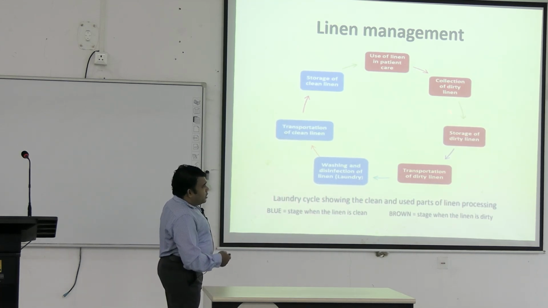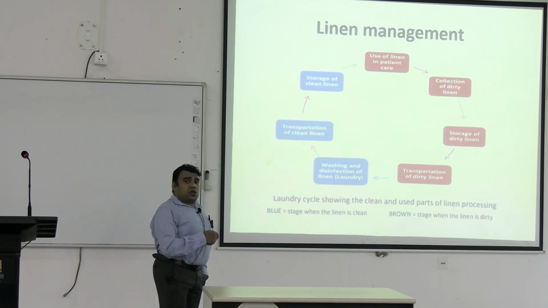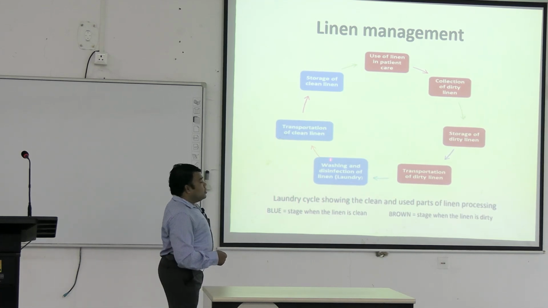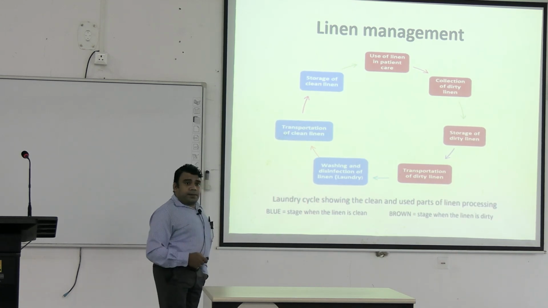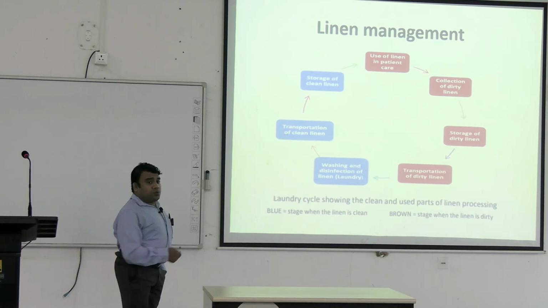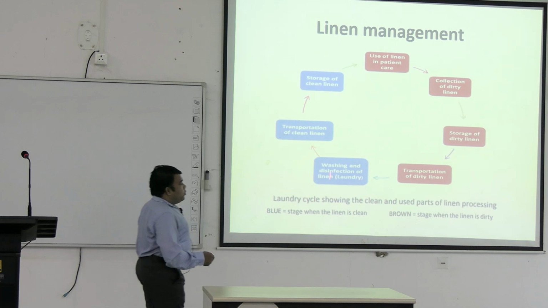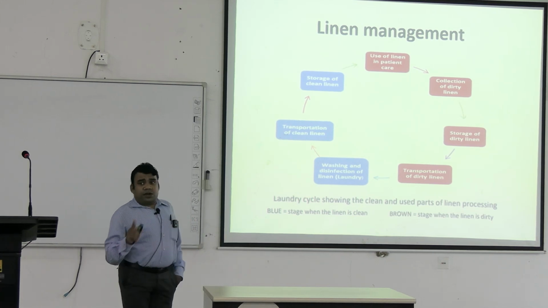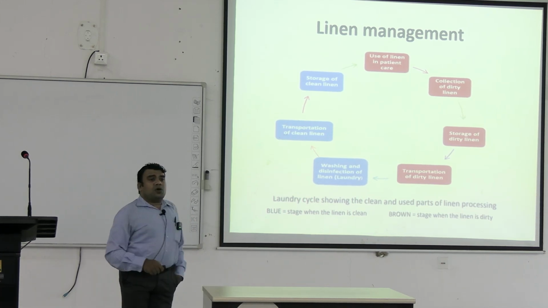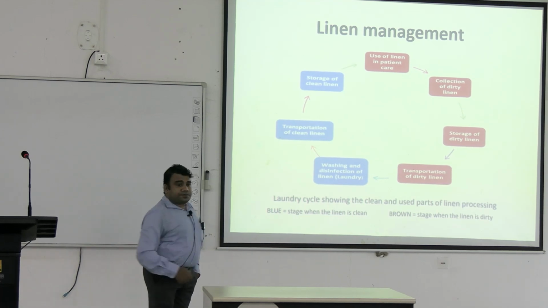The dirty linen is collected, stored, transported, and then it is sent to the laundry for washing and disinfection. Then the clean linen is again stored and supplied. There is a clear demarcation between the red and blue lines. What I am trying to make you understand is that after washing and disinfection, care must be taken so that they do not get contaminated. Okay. So these two parts must be separated.